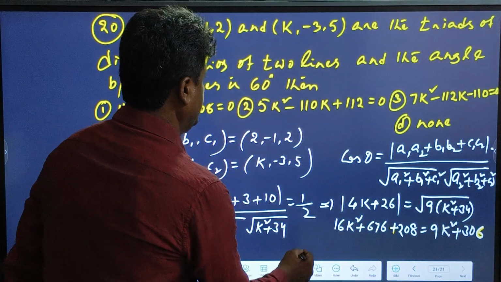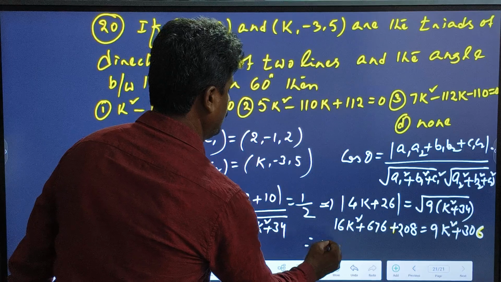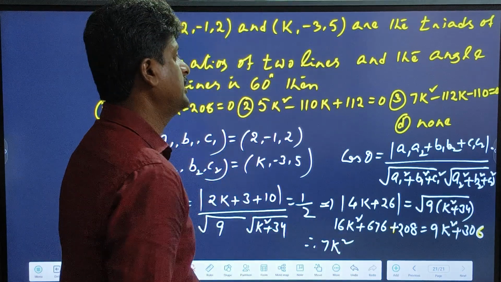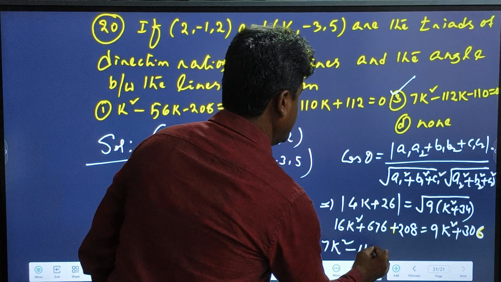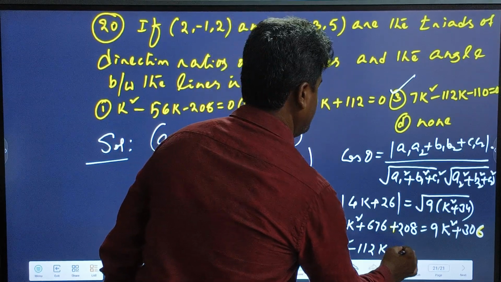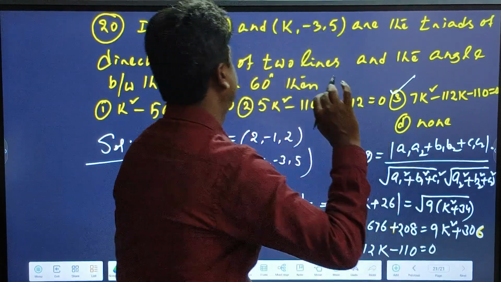By bringing this to one side, we get 7k square something. There is only one option with 7k square: 7k square minus 112k minus 110 is equal to 0.